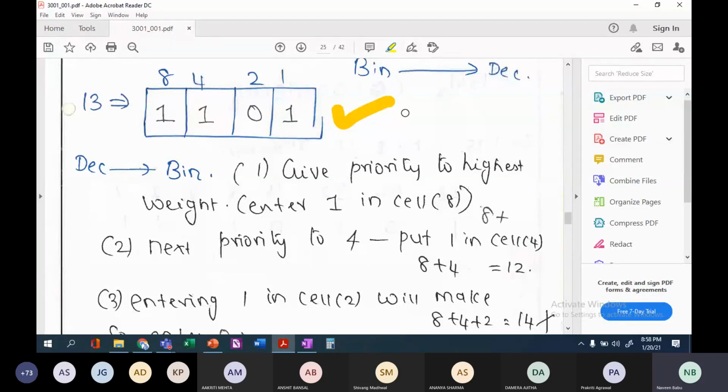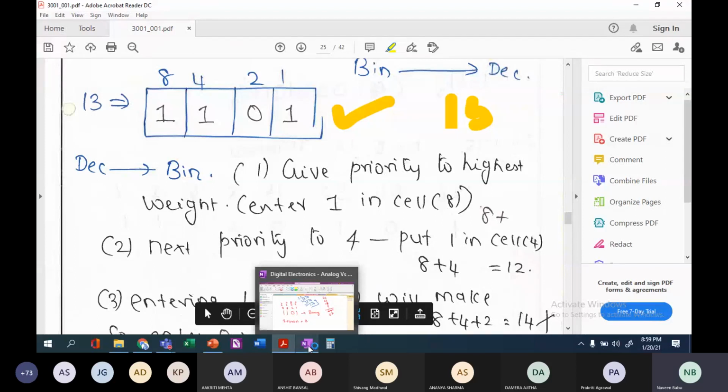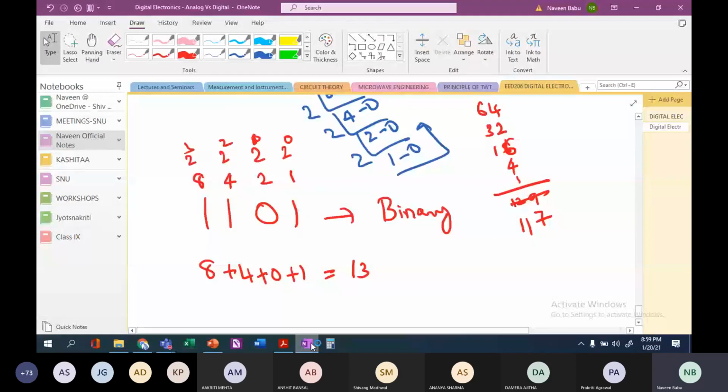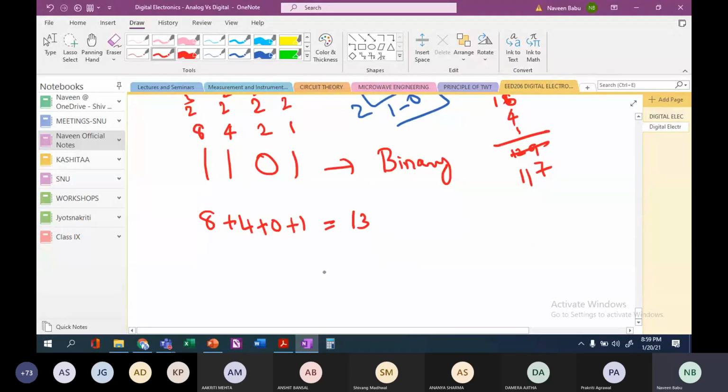Don't start from the least significant bit. Whichever is the highest value that fits, enter 1 there. I'll give you a random example: say I have a decimal value of 45.